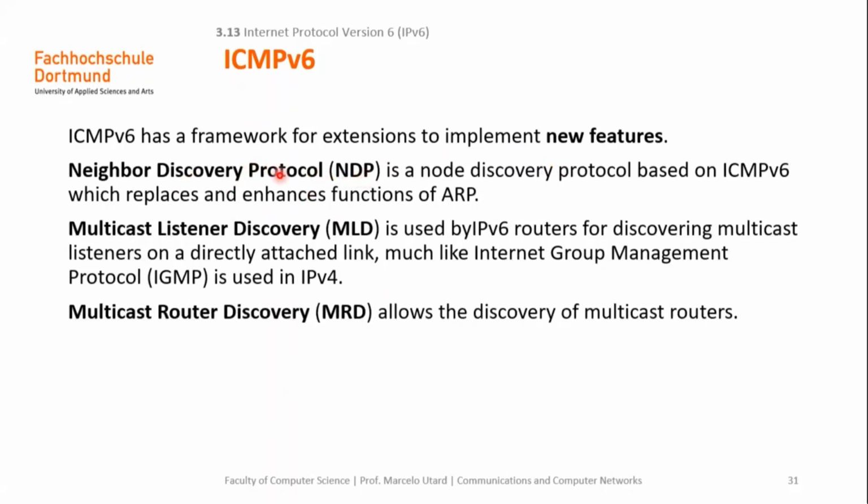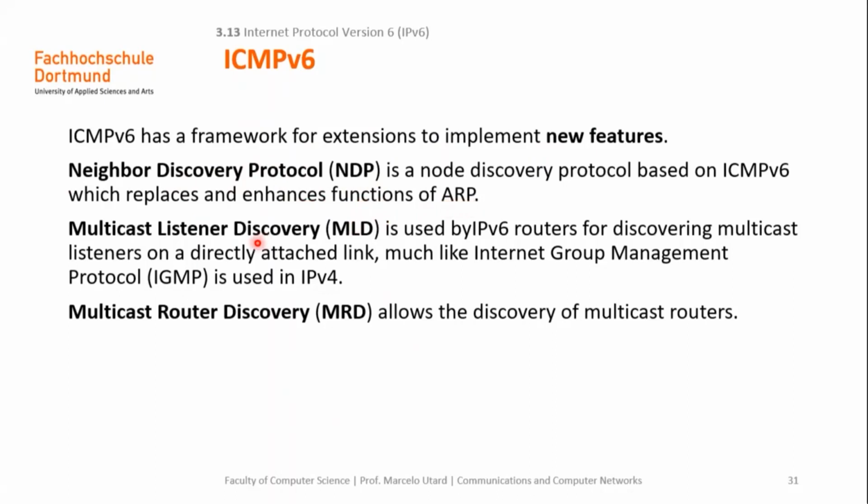For instance, ICMP version 6 has a framework for extensions to implement several new features. For instance, Neighbor Discovery Protocol, NDP, is a node discovery protocol based on ICMP version 6, which replaces and enhances functions of ARP. In that way, a host could get the MAC address associated with a particular IP version 6 address.